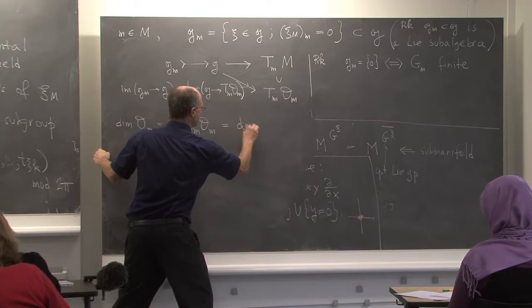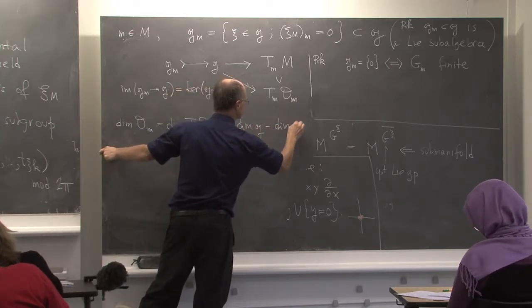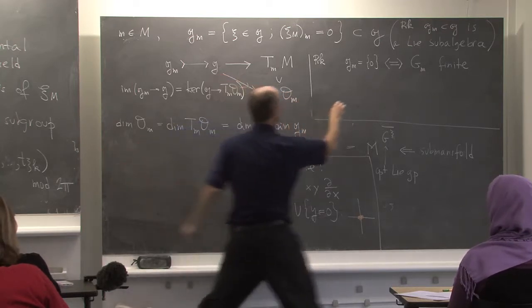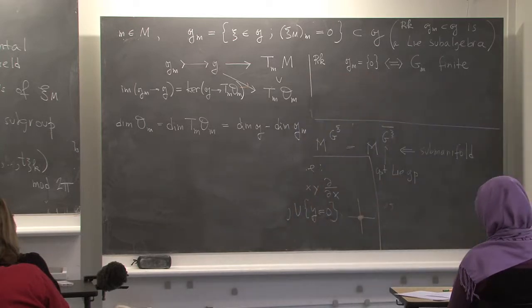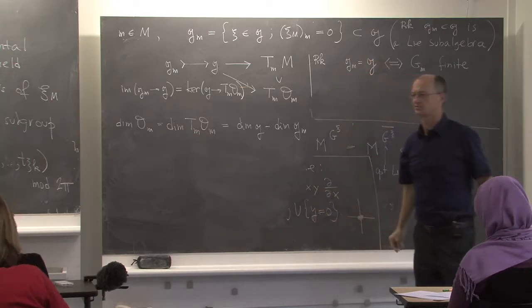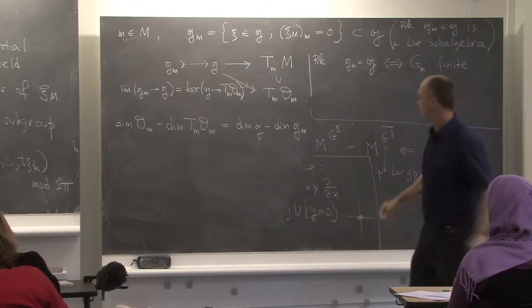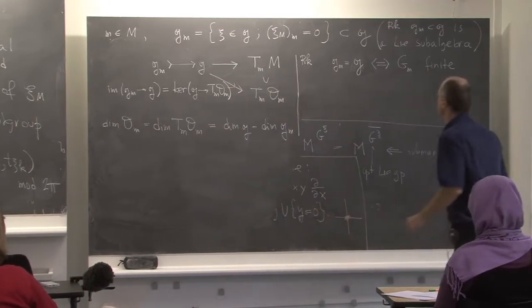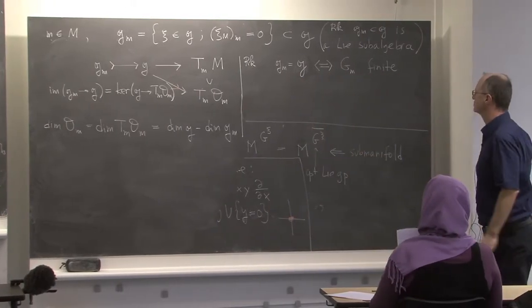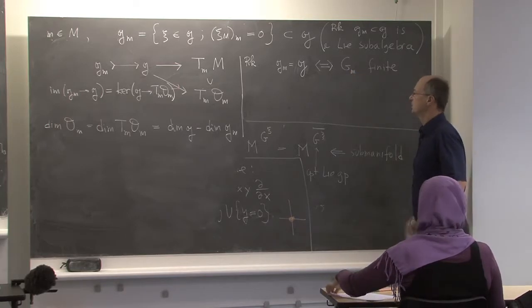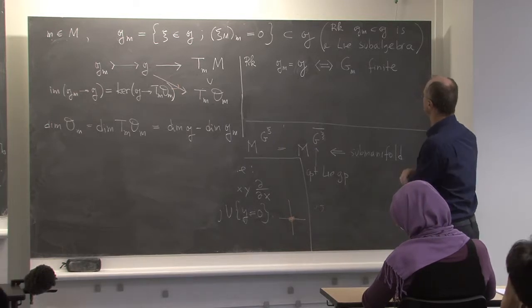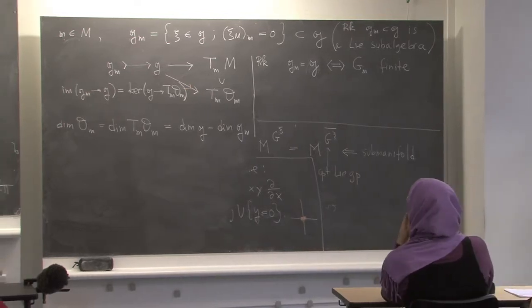So this is the dimension of g minus the dimension of g_M.